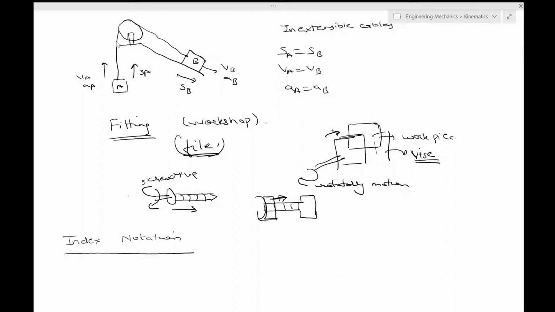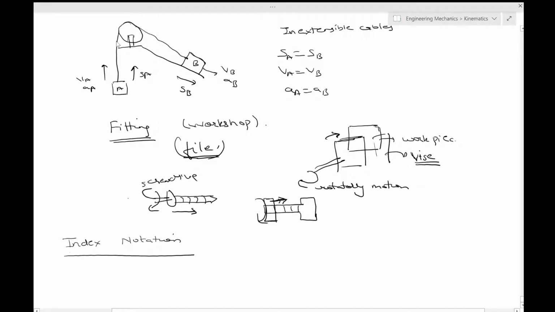So we will now discuss the concept of index notation. This notation is very useful in simplifying the mathematics of mechanics and is widely used. So let's understand what it is.